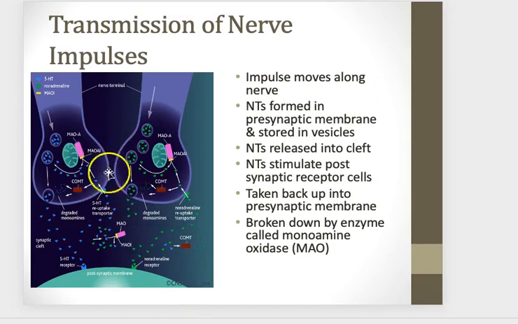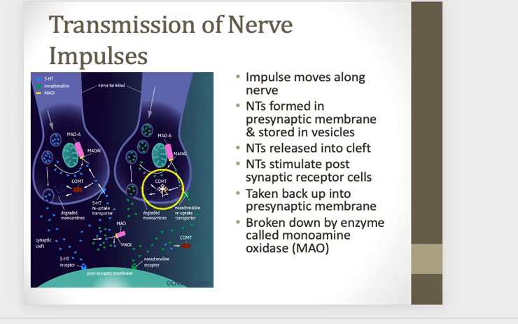And then these neurotransmitters, once they're taken back up, are broken down by an enzyme called monoamine oxidase, or MAO, which you may be familiar with from the medications, the MAOIs. So the monoamine oxidase inhibitors just inhibit that enzyme that breaks down the neurotransmitters. So it's a way to increase the amount of neurotransmitter you have.